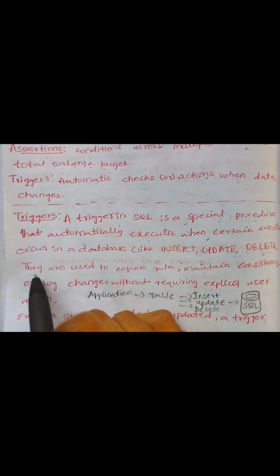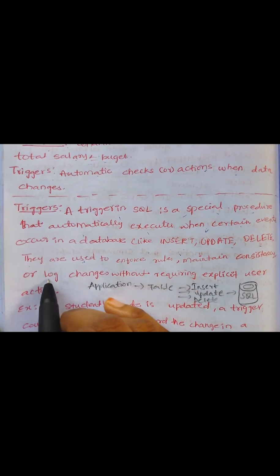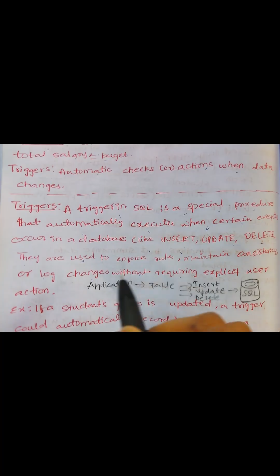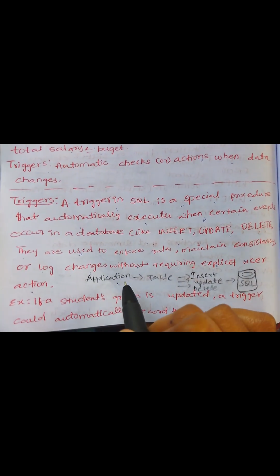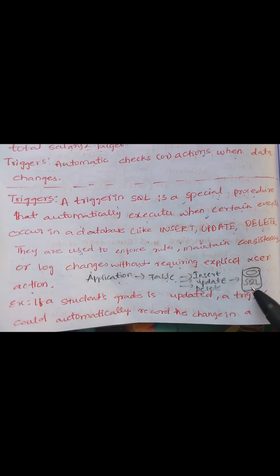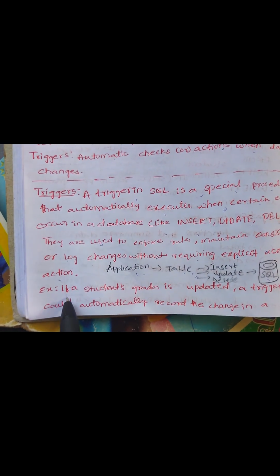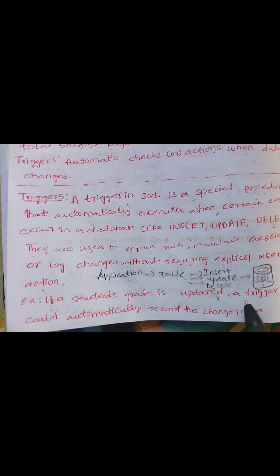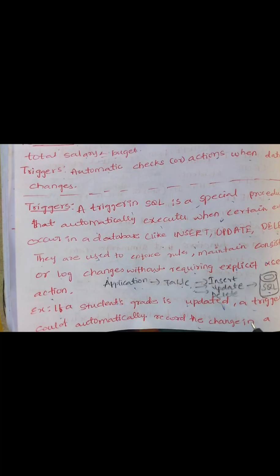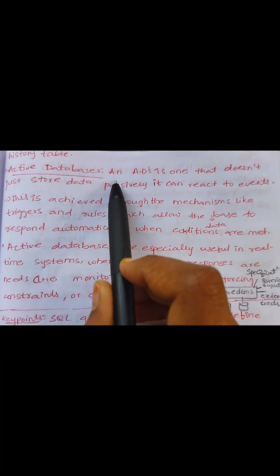These 3 operations are used to enforce rules for maintaining consistency or logging changes without requiring explicit user actions. This is an example of the triggers concept. If a student grade is updated, a trigger could automatically record the change in a history table, like that.